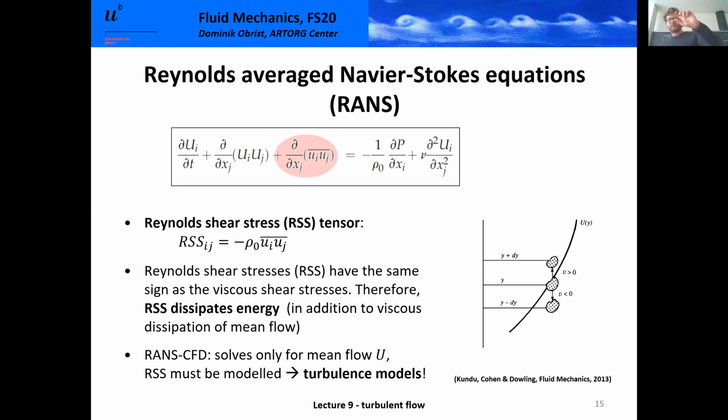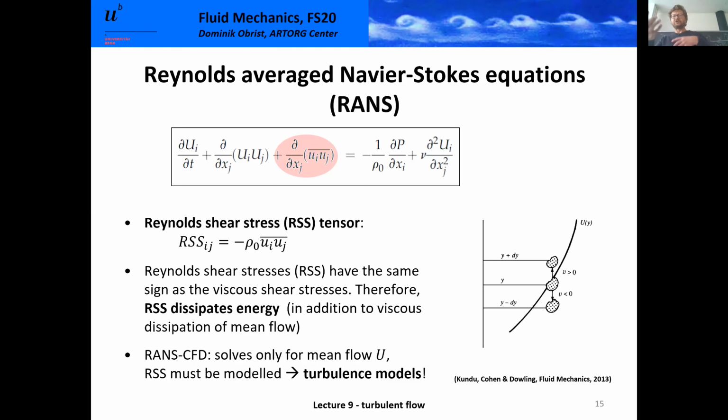This is why positive v is correlated with a negative u. So the covariance is negative. And the opposite is also true. If v is negative, this will lead to a positive u.